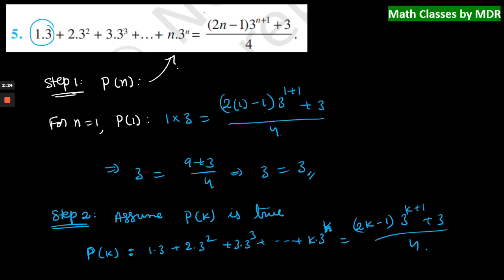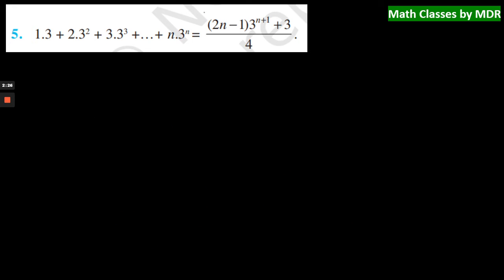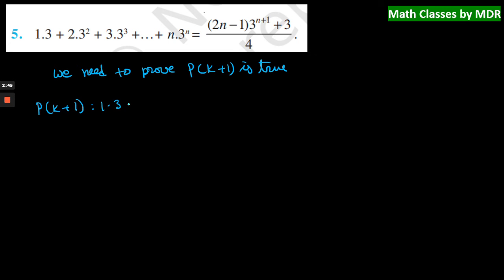So assume P of k is true, and what to do? We need to prove P of k plus 1 is also true. Let's take what P of k plus 1 is here. P of k plus 1 is 1 into 3 plus 2 into 3 square plus 3 into 3 cube and so on.